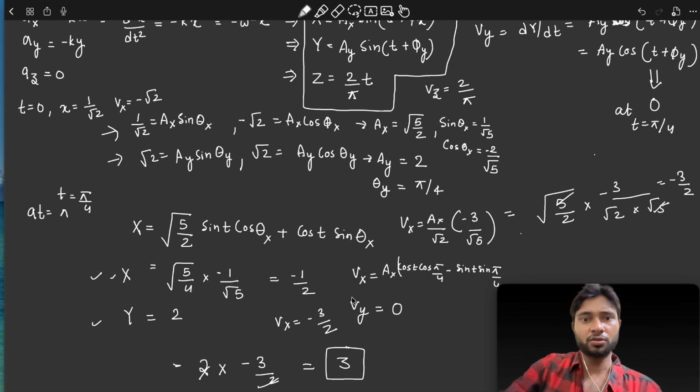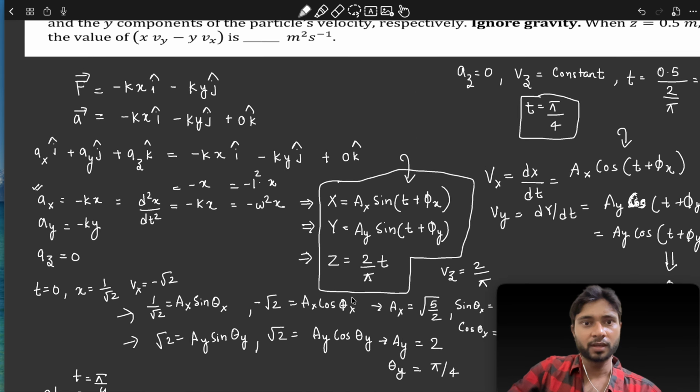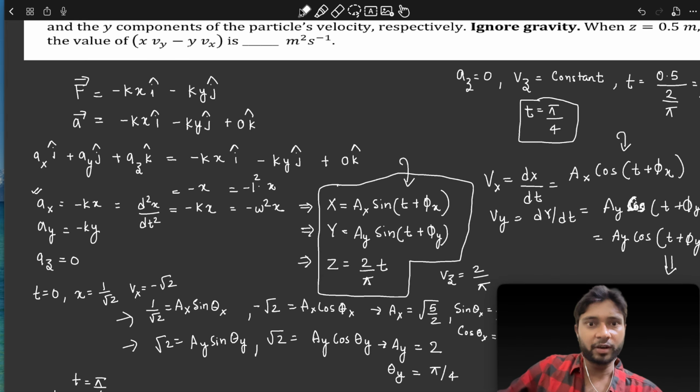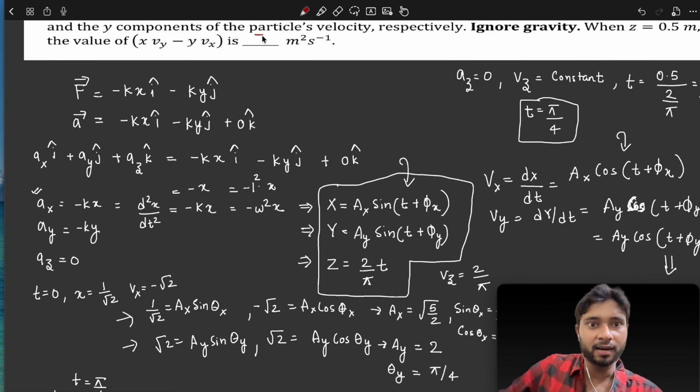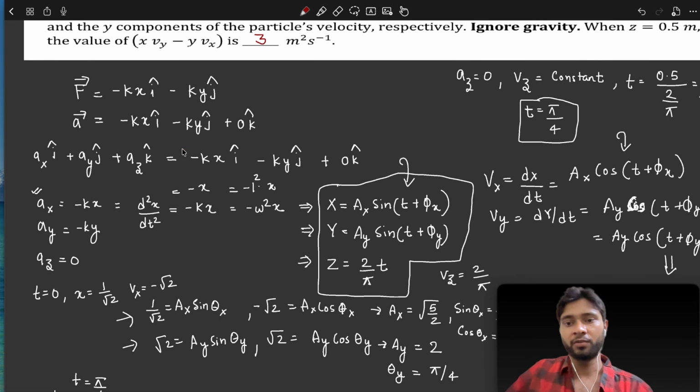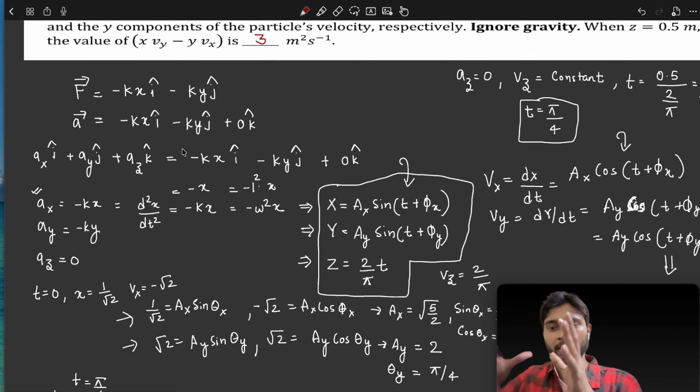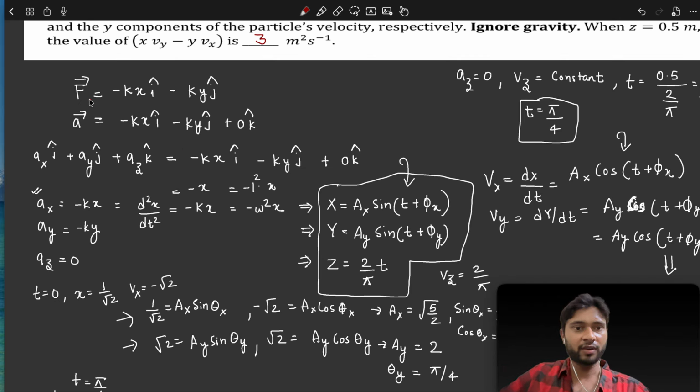I hope everyone understood how we approach this problem. So we took a lot of time because my objective is to do every calculation and make sure all of our viewers understood how we are approaching the problem. So in short, what we did, we first figured out how acceleration is happening. Acceleration is proportional to the position vector with a negative constant. So we can simply say this is SHM.